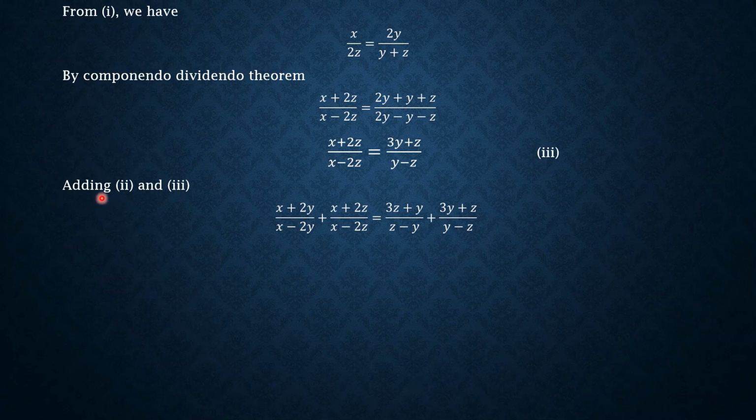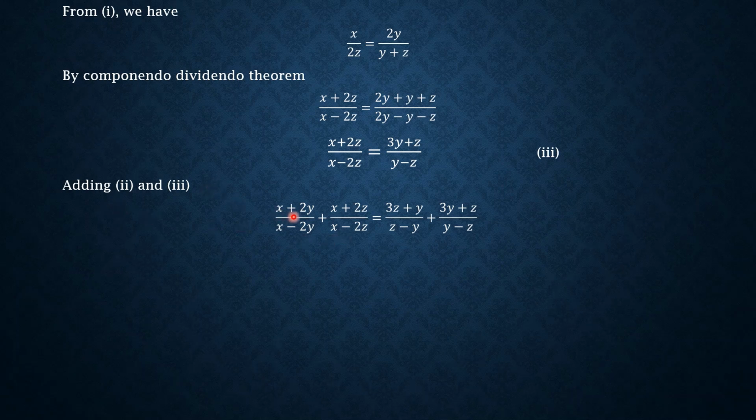Now as you know that in question we have to find the value of x plus 2y over x minus 2y plus x plus 2z over x minus 2z. So we will add equation number 2 and 3.